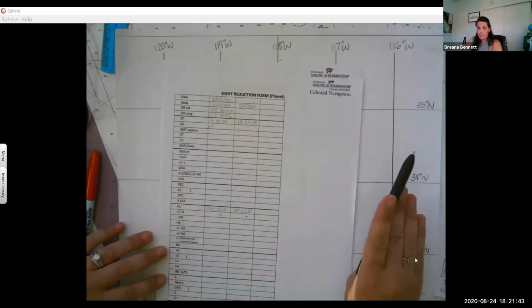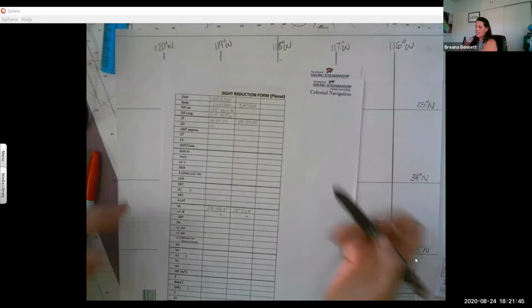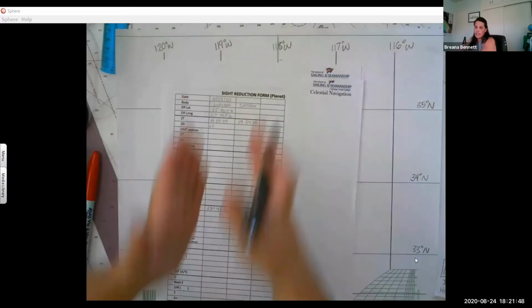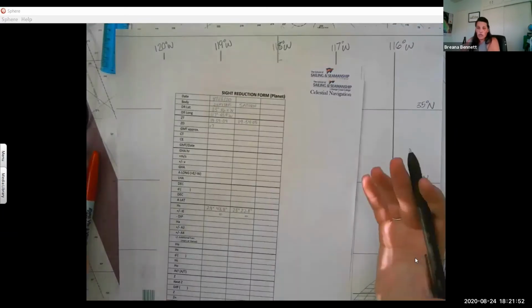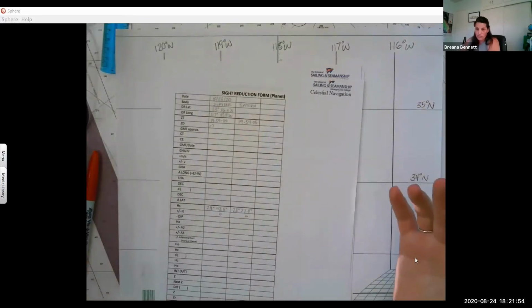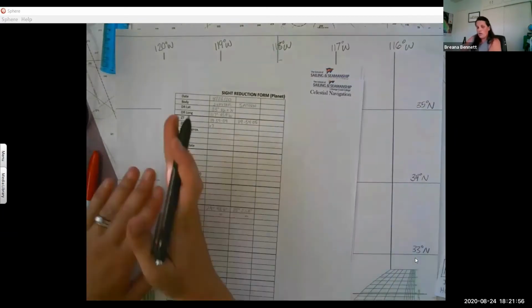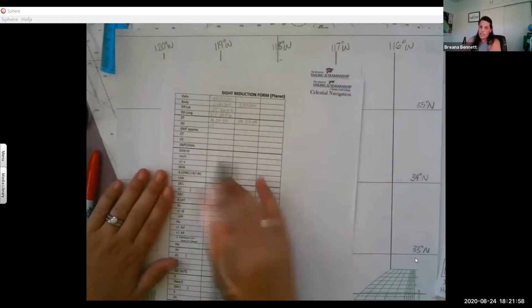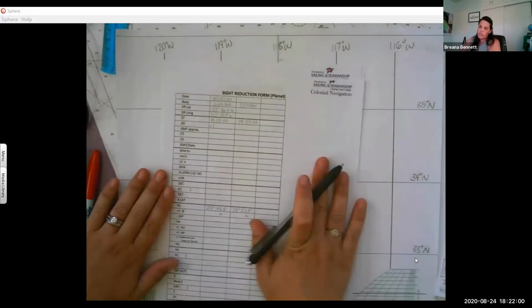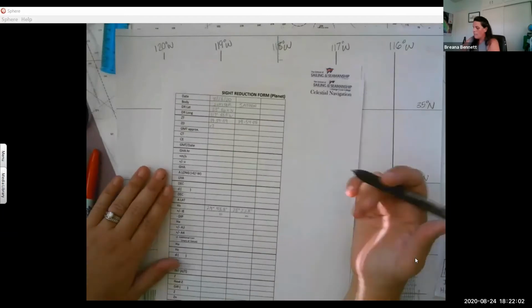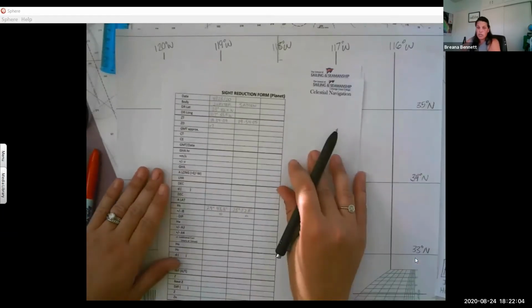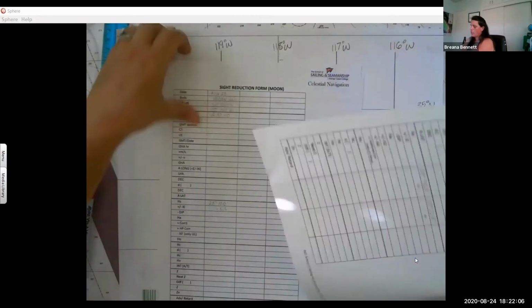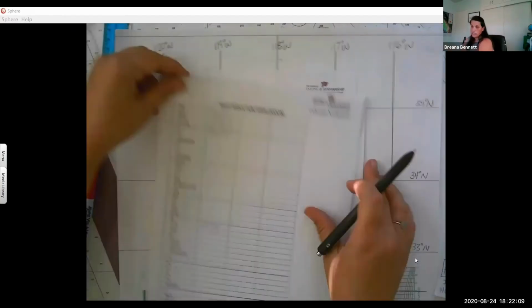For the sun, I did a full sun, and then another sun, and another. For this one, they're all within a half hour of each other, so I'm going to do the planets, then the moon, then the stars. But I did put it chronologically, so we're going to start with the moon.